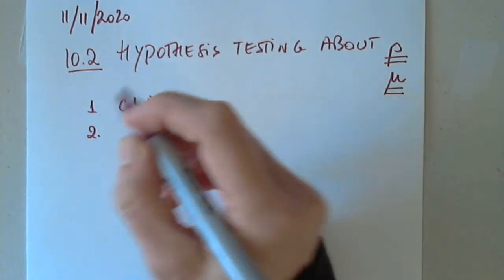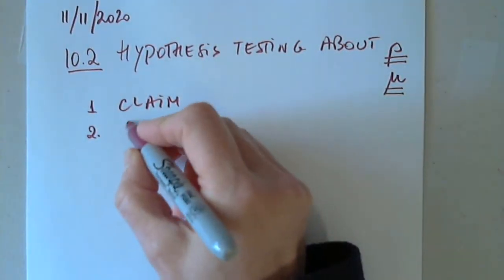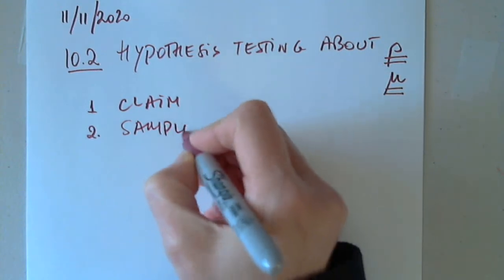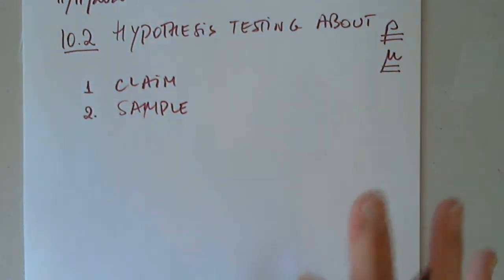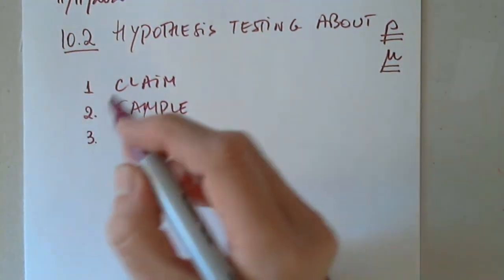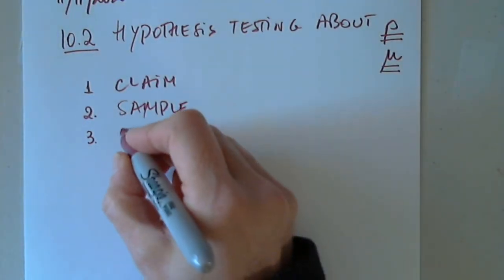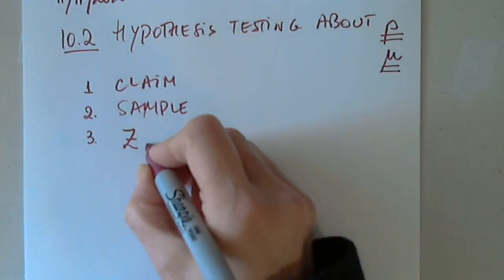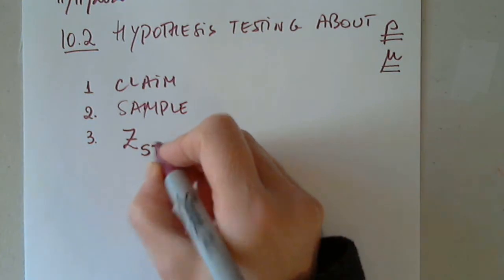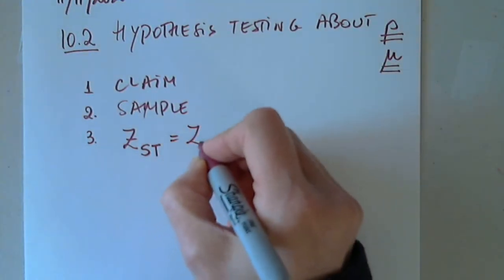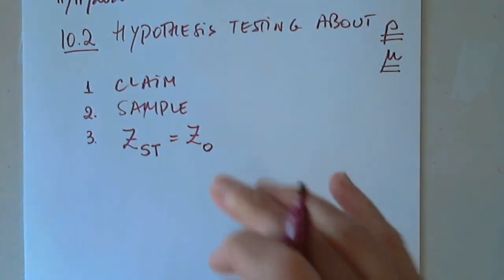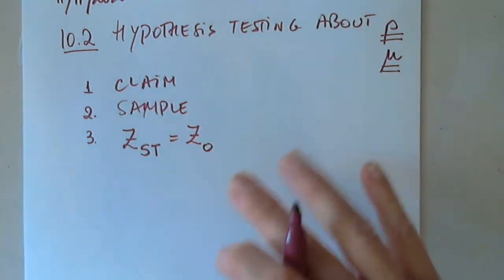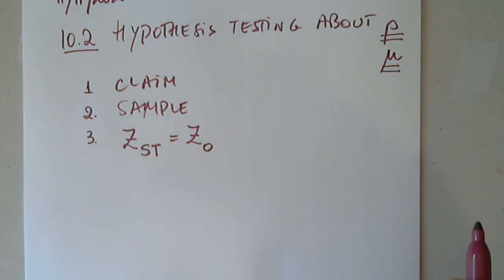In number 2, we're going to select a sample, legitimately, as we know. In number 3, we're going to determine what I like to call the Z statistic. Your book calls it Z sub 0, which is legitimate as well. It's a good notation.